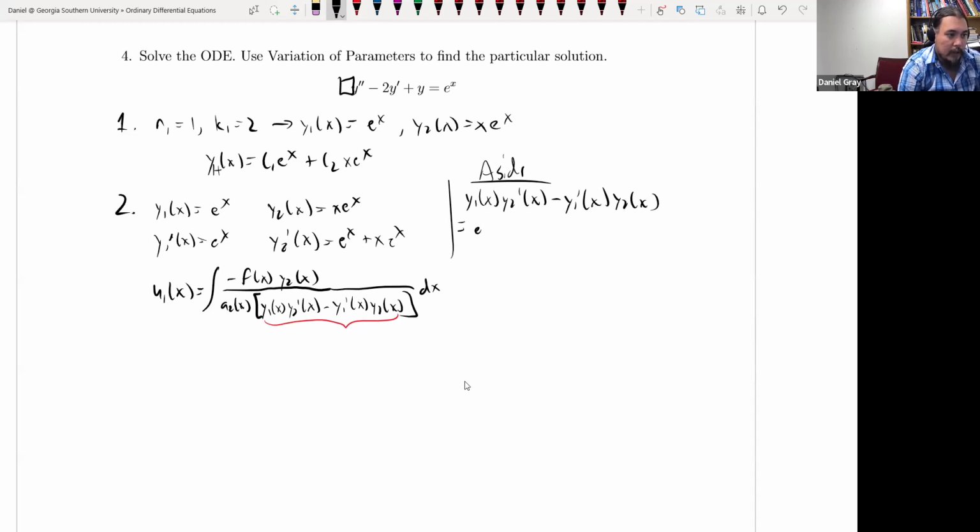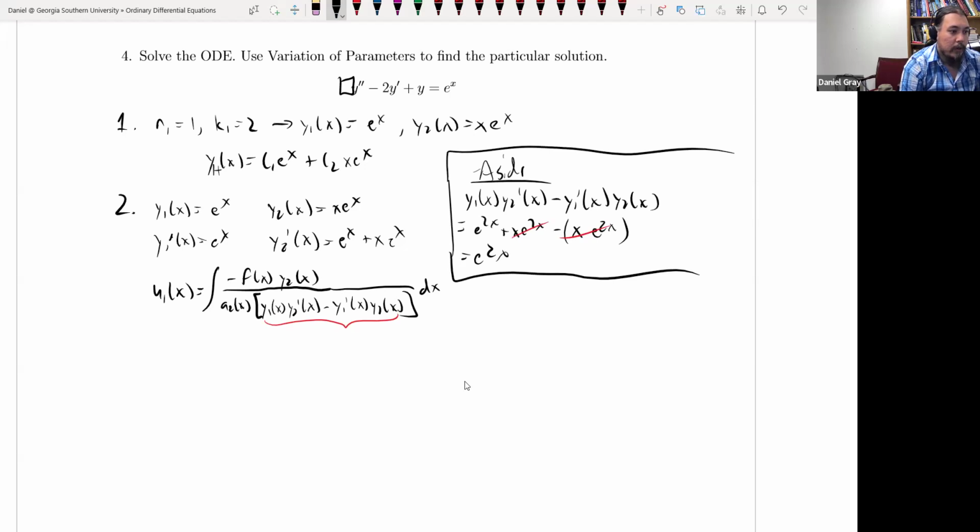So I'm going to get an e to the 2x plus x e to the 2x, right? Minus y1 prime times y2 of x. So y1 prime times y2 of x will just be x e to the 2x. I see I do get some cancellation here. This is going to cancel off with this one, right? So this whole thing is just going to be equal to e to the 2x, which is not bad at all.